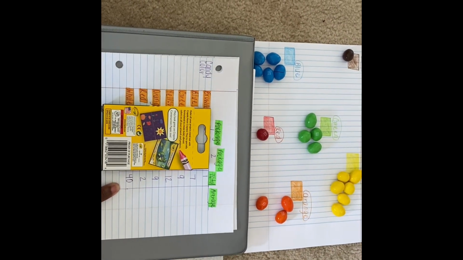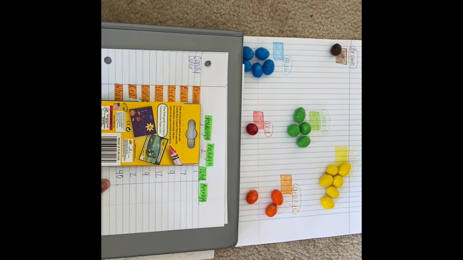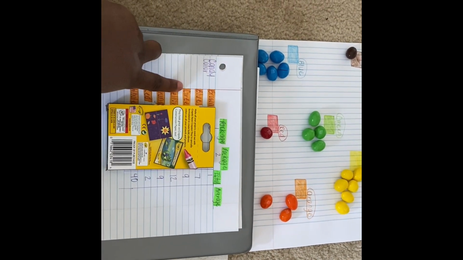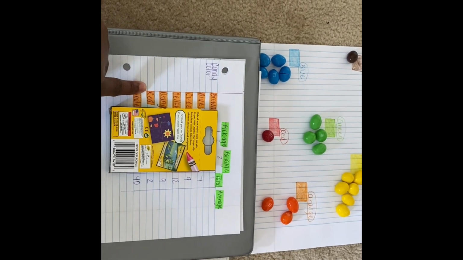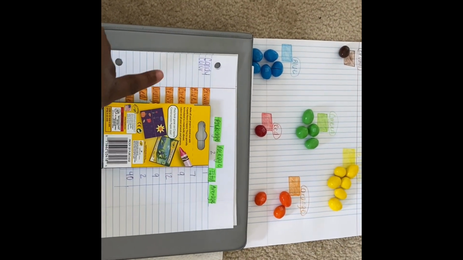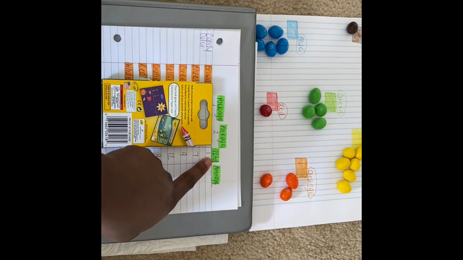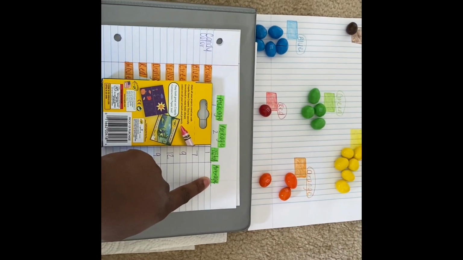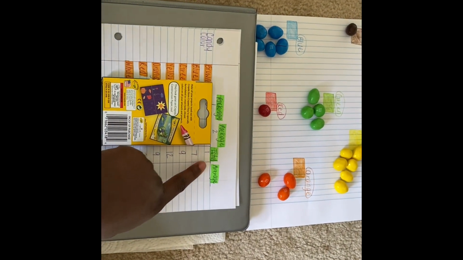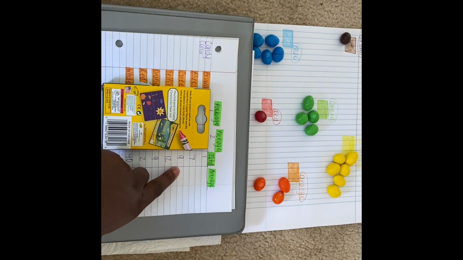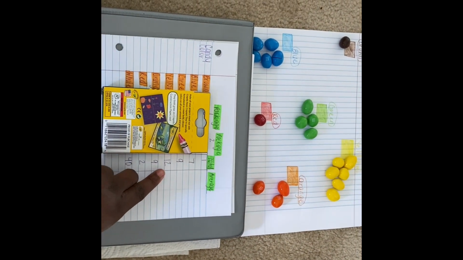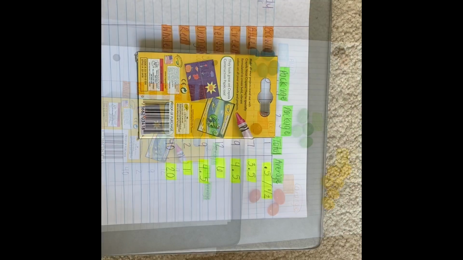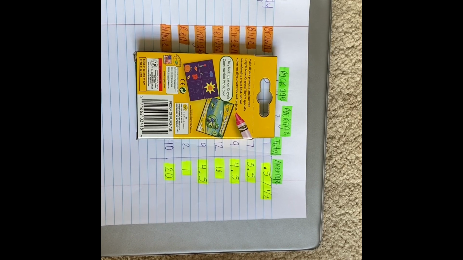In order to get the average, we add up how many browns, blues, greens, yellows, oranges, and reds we have, and then we divide it by how many packages we have. Since we already have our totals, we're going to take each one of these numbers individually and divide them by 2 in order to get our average. So we're going to do 1 divided by 2, 7 divided by 2, 9 divided by 2, 12 divided by 2, 9 divided by 2, 2 divided by 2, 40 divided by 2. Okay, so these were our findings.